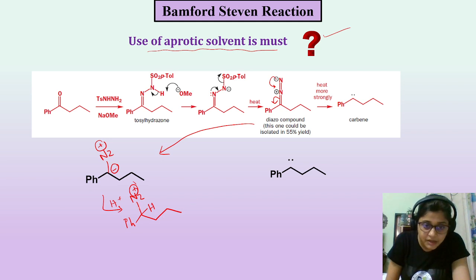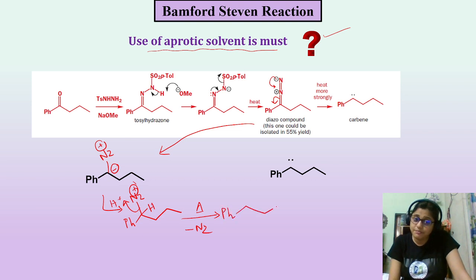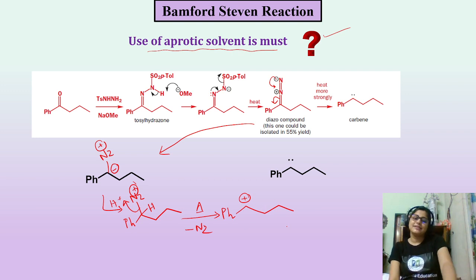Let's see. Heating is there, so N2 will be removed, but it has previously abstracted one proton. So after the removal of nitrogen, what intermediate will form? Carbocation intermediate will form, not carbene. So that is the thing here.